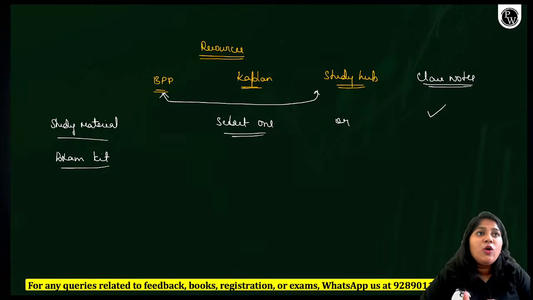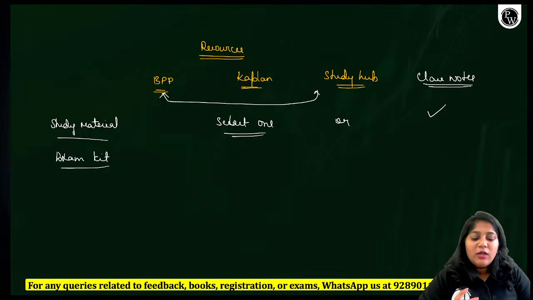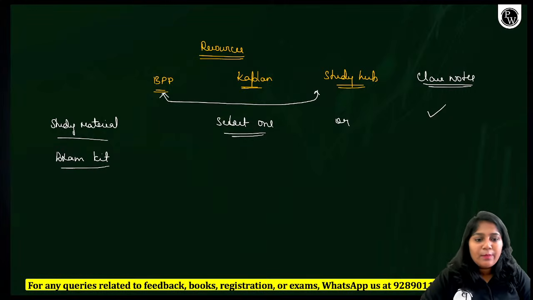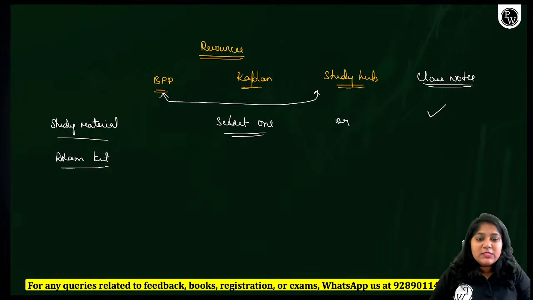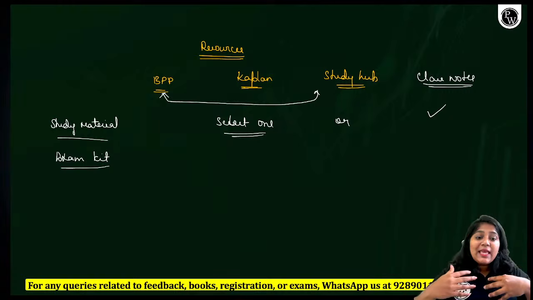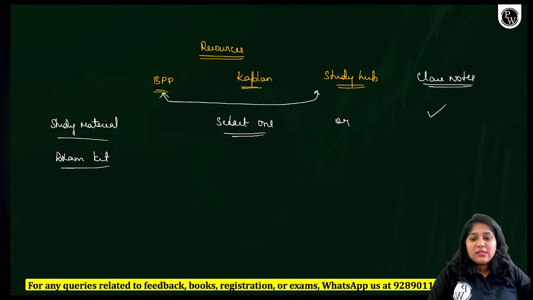Now, ma'am, who should use what? If you want a simple explanation of a topic, I would suggest you go to Kaplan. If you want little complicated language in the study material so that it helps you write the answer better, then go with BPP.